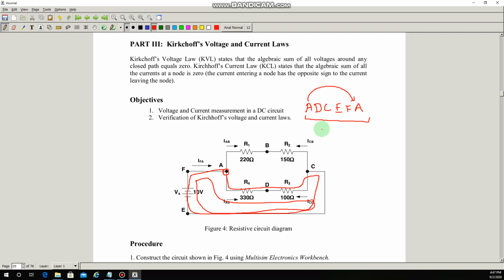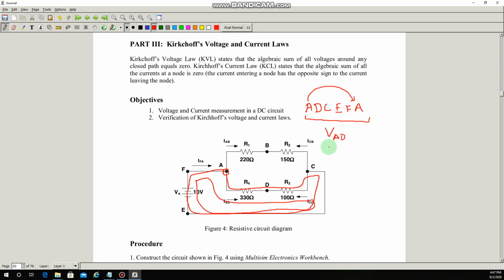KVL says that the sum of all voltages around any closed loop should be equal to 0. Now, what are the different voltages that could be present in this loop? These voltages are usually represented by this notation. For example, VAD.